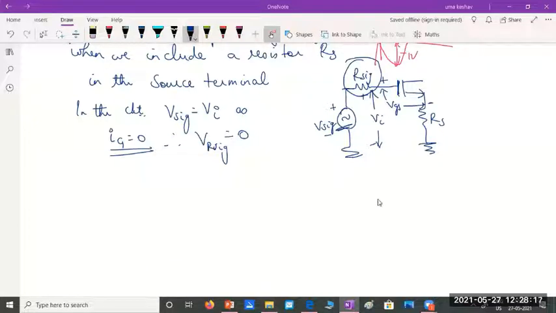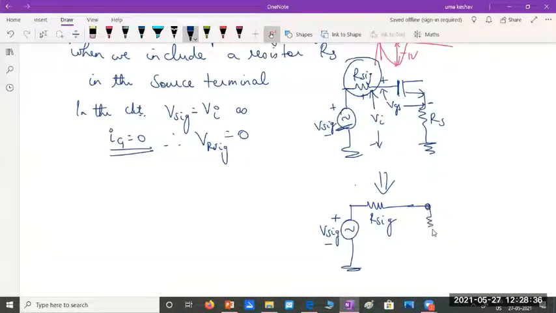Okay. So if you want, you can write its small signal equivalent, which will be something like this. Vsig. Remember, we considered the T model for replacing the MOSFET. In the T model, if you remember, I have a resistance 1 by Gm between the gate and the source terminal.